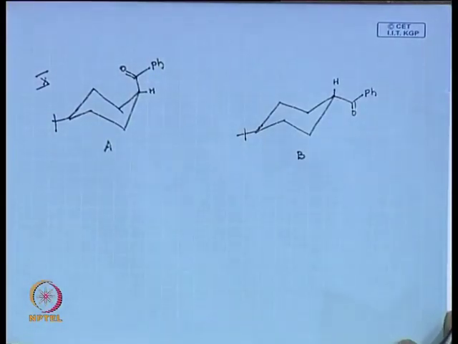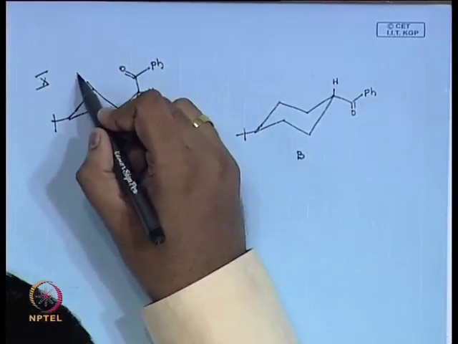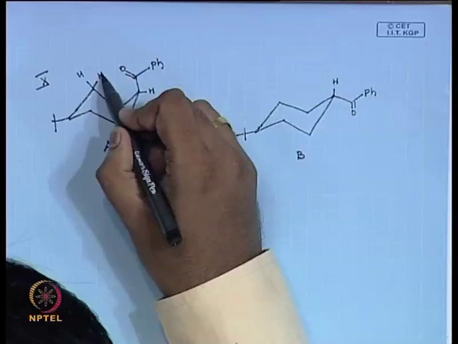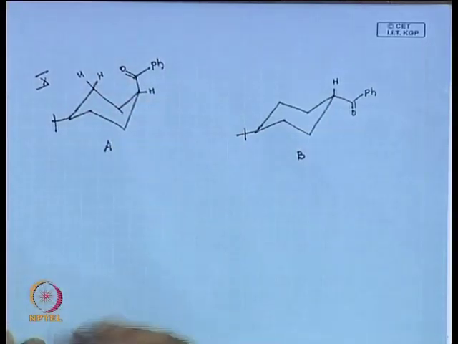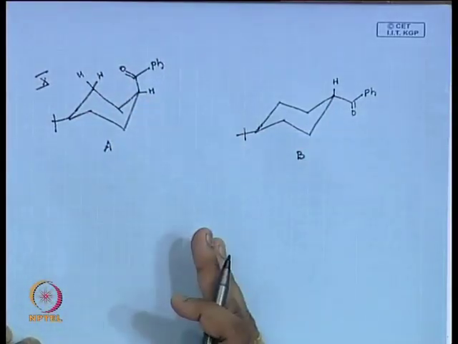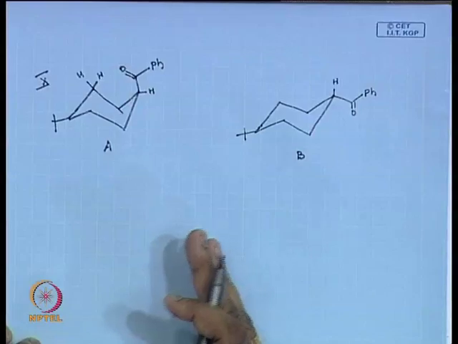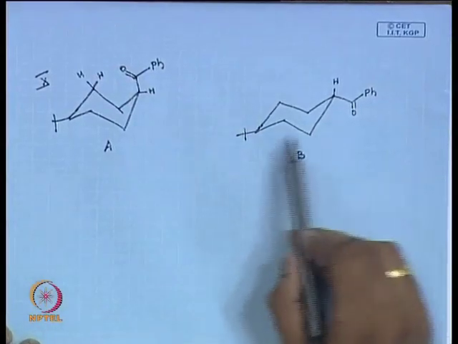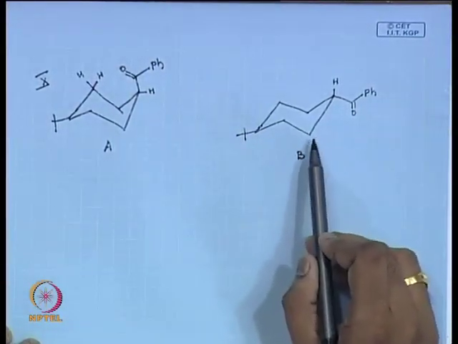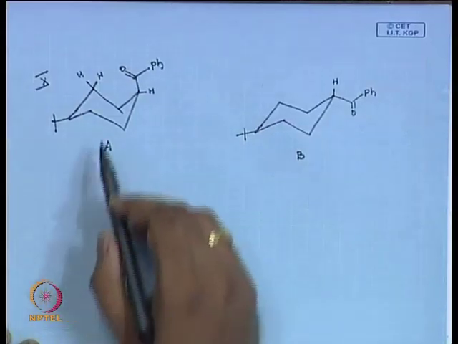Okay. So it should be A, because you have a hydrogen here. That is why I said that planar thing should be. In this case you cannot do that. So, can we write the chemistry then from here?